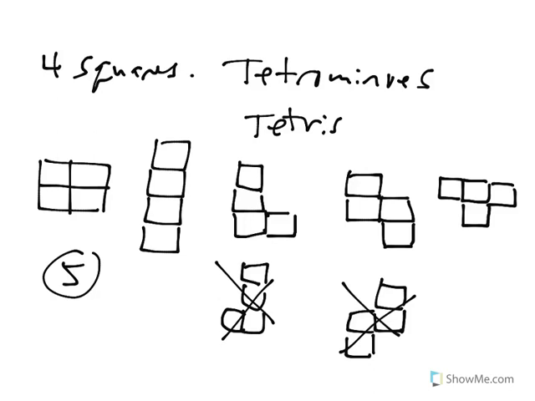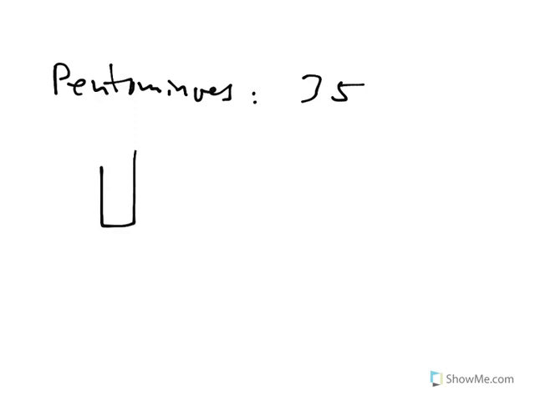A challenge that we did in class was to come up with all of the pentominoes. There were about 35 of them, or there were 35 of them. And one of the challenges is, let's say I have a tetromino, maybe 4 squares, how could I make a pentomino out of that?